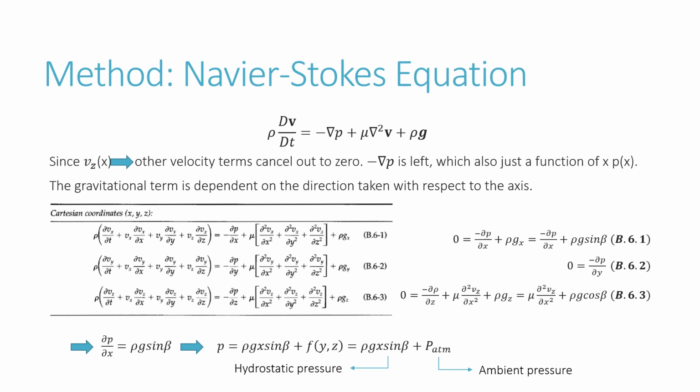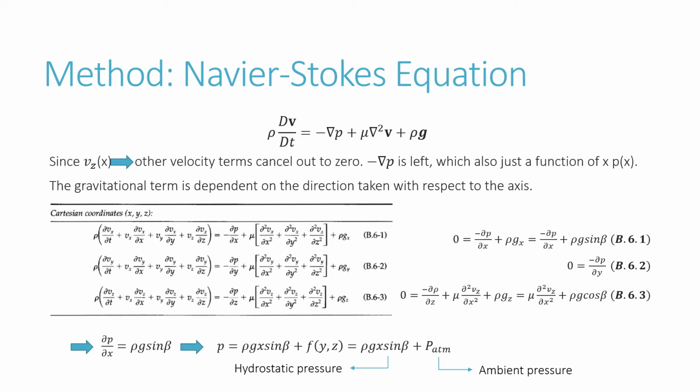In order to solve this problem analytically, we first have to remember the equation of motion. If we simplify it, we obtain the Navier-Stokes equation, which is applicable for constant density and viscosity of fluids. Since we have Vz of x as the only velocity term, all the other velocity terms in these equations, found in appendix B6 from the book, cancel out to 0.